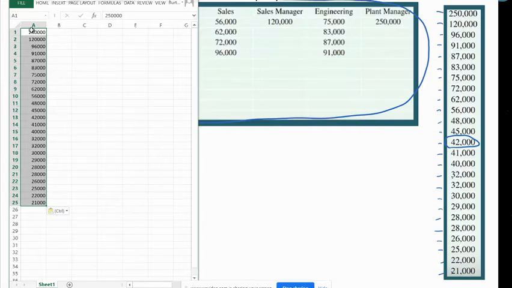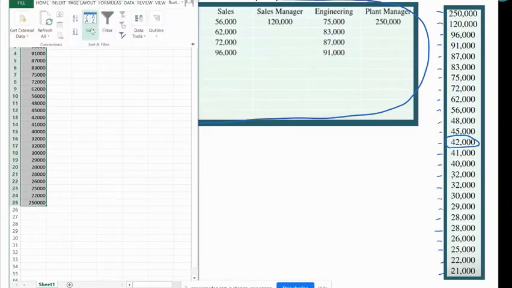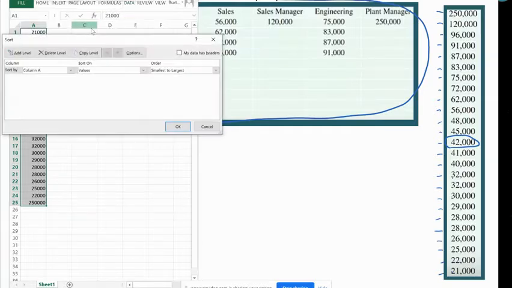Now mine are already in order here because I took them from the list that's there. But let's say here, let's put the 250,000 at the end, and the 21,000 here, just so I can show as a sample how you would sort these items to put them in order. So you just select all the data, and then click on Data, Sort.